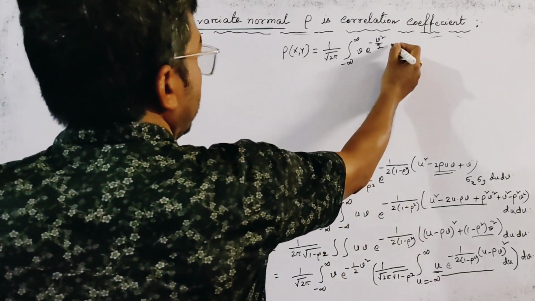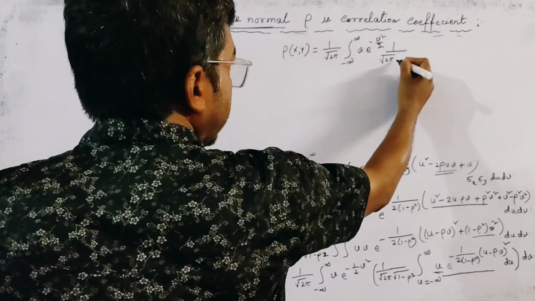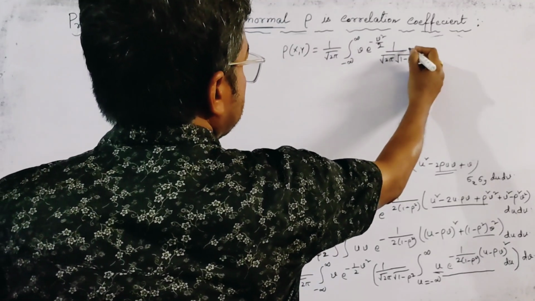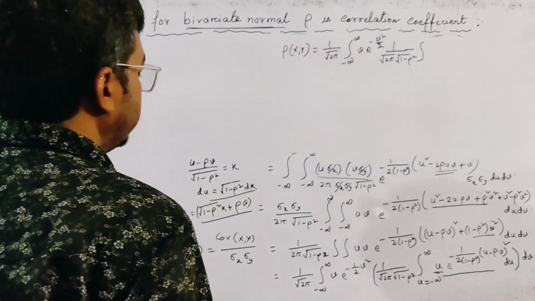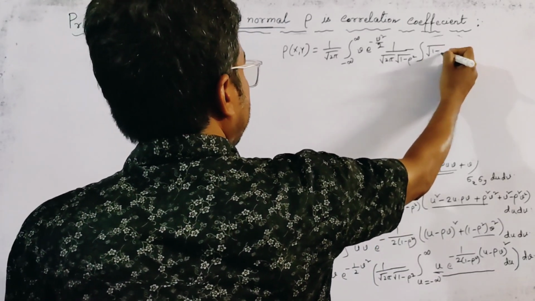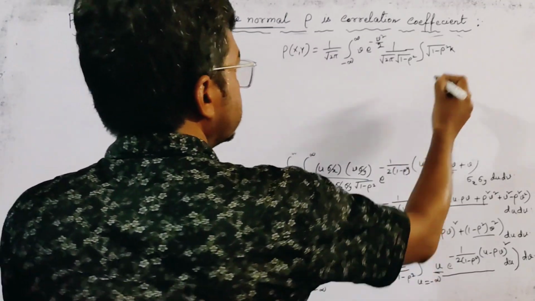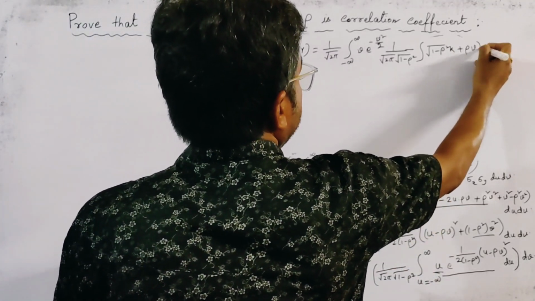We first write the constant term, this is 1 by root 2 pi into root 1 minus rho square, and this integration is given by, we put the value, root 1 minus rho square into k plus rho into v.